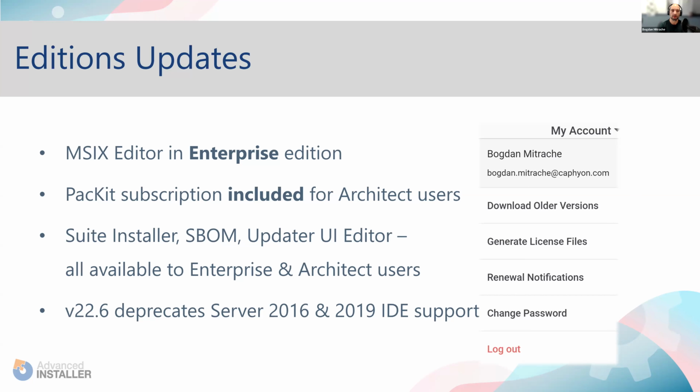So starting with version 22.7 onwards, if you still have a build server, which is usually the case we've seen with a few users, but very few users from our experience, that hasn't been yet upgraded, your build scripts will still run, but you cannot open the IDE of Advanced Installer. This is because we've completely migrated to WinUI 2.0, and there are some limitations on that support in Server 2019.